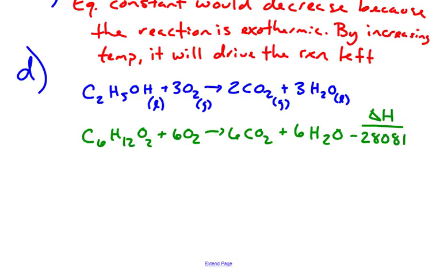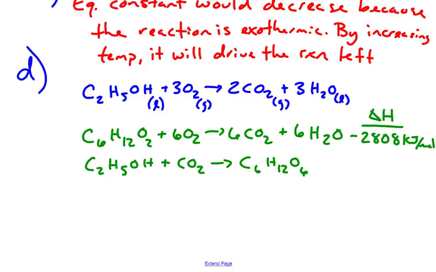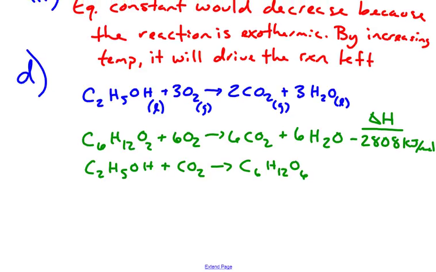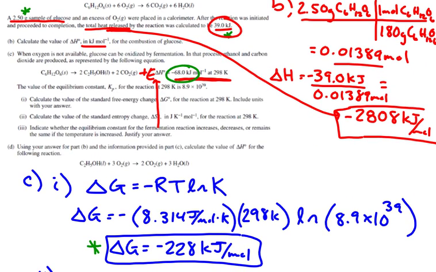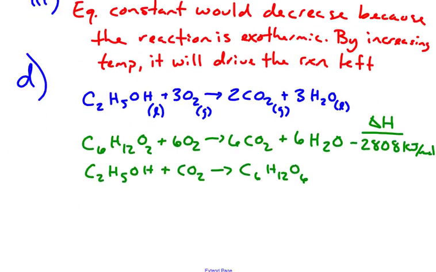And then here's the second one, fermentation. And we just figured out, well, it says it on there. What does it say? Negative 68. Please make sure you're in the same units.